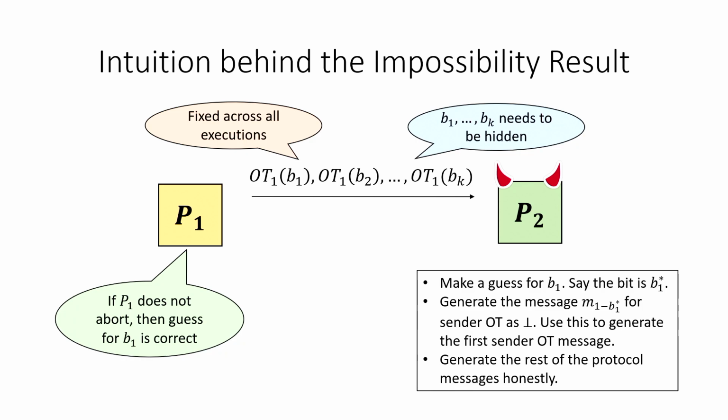But in the case that it actually picked 1 minus B1 star, meaning that you guessed incorrectly, it's going to abort. And P2 will see that P1 aborted, and P2 will then claim that it knows B1. So either way, you recovered the bit B1. And the fact that this first round message is reusable and fixed allows P2 to iteratively recover all the bits B1 through BK one by one.